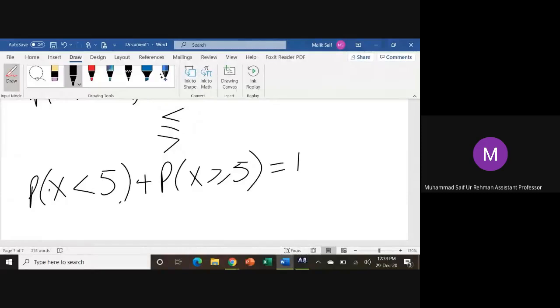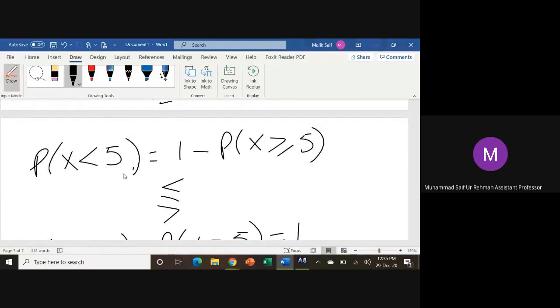So x from 0, 1, 2, 3, 4 will be covered by the first probability, and from 5 up to the given number of total trials will be covered by the other. If n is equal to 9, x will become equal to 9, so 5, 6, 7, 8, 9 will be covered in this probability. So when you add all these probabilities, you will have the answer as 1.